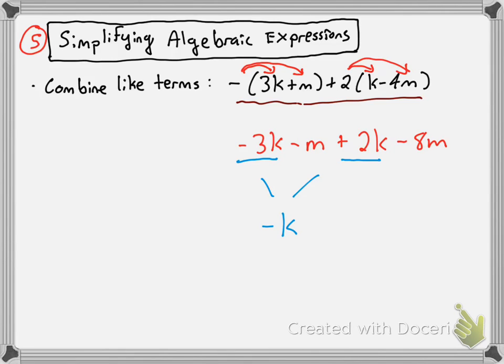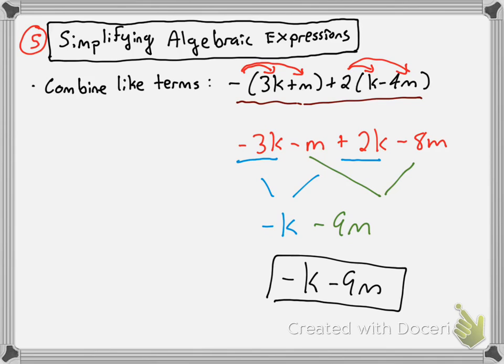Then I'm going to combine my m's. So I have a -m and then a -8m. -1 and -8 combined is going to leave me with -9m. So my final expression is going to be -k minus 9m.